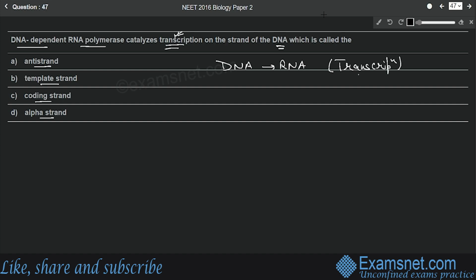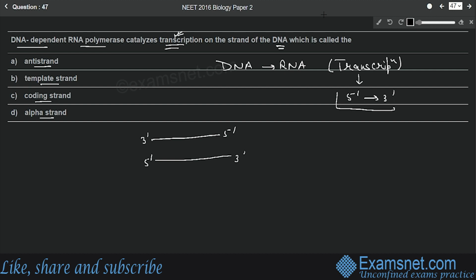And transcription always takes place in 5' to 3' direction, and the enzyme responsible for it is DNA dependent RNA polymerase. Now suppose these are two strands of DNA. The above is 3' to 5' and the lower one is 5' to 3'. Now we know that DNA dependent RNA polymerase enzyme will catalyze this transcription in the direction 5' to 3'.